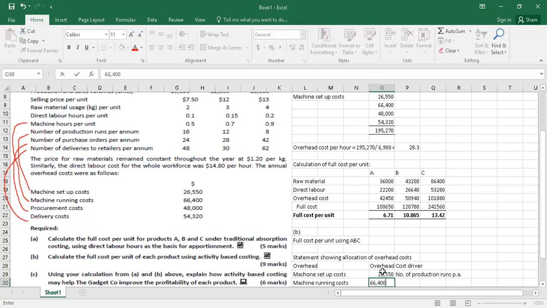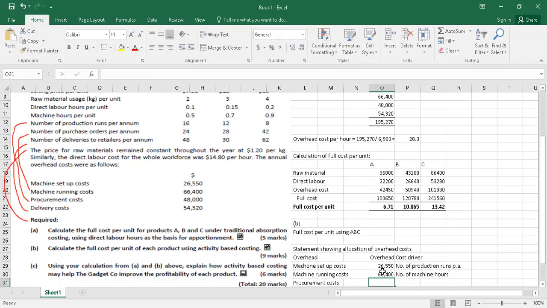Next is 66,400, and the cost driver is number of machine hours. Next is 48,000. The basis is number of purchase orders.